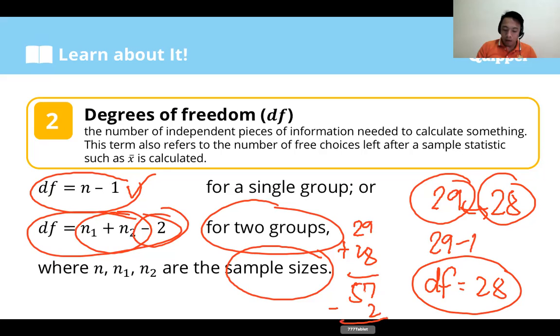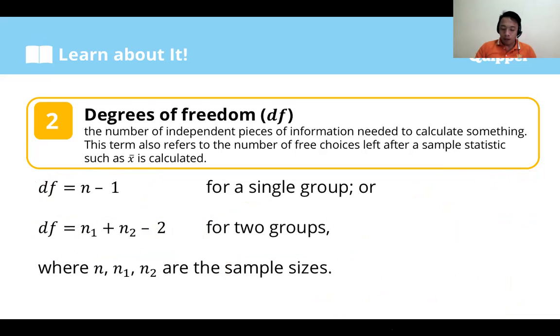So we have 55. So 55 will be our degrees of freedom. As simple as that. Kumbaga, hindi na kailangan ng knowledge sa algebra or something. Magpa-plus minus lang tayo dito. Okay. Let's have some examples.